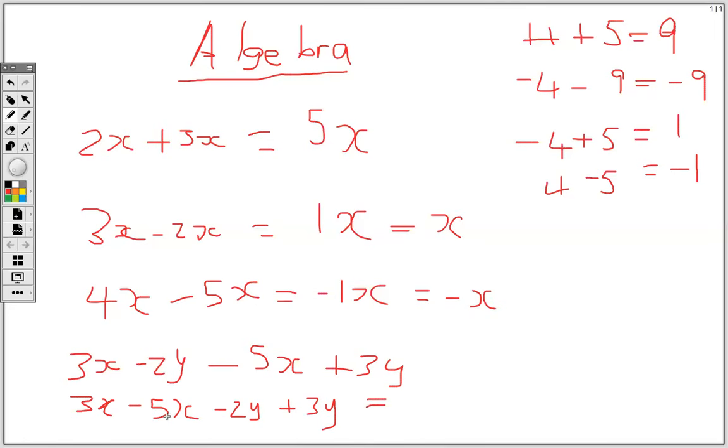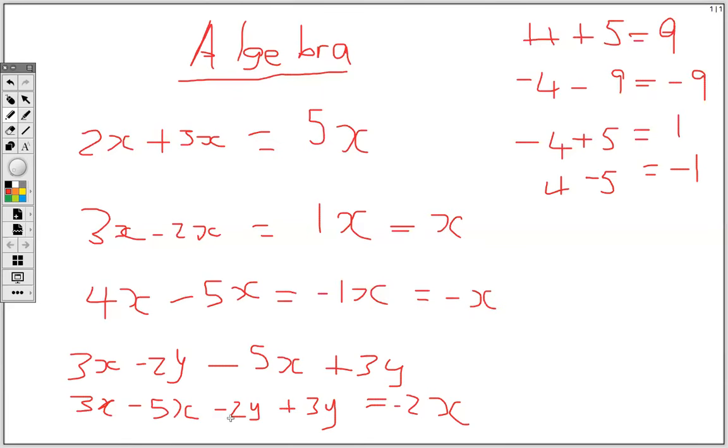We have 3x minus 5x. Remember, I said when the signs are different, we subtract and keep the sign of the bigger number. So looking at this, the bigger number is a 5. So let us write the variable first, which is x. So let us subtract. 5 take away 3, you should be saying 2. But because the 5 has a negative, it's going to be negative 2.